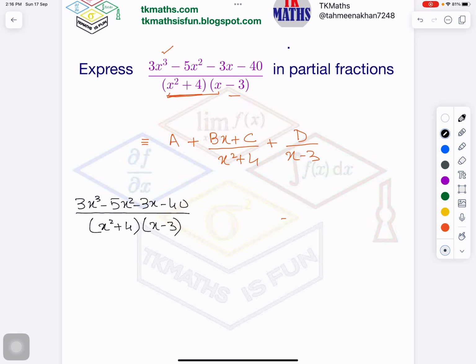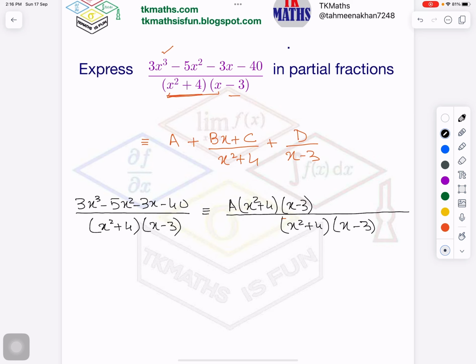This is identical to what I have written on the top here. If I take the LCM of it, it will become x squared plus 4 and x minus 3. So a will be multiplied by x squared plus 4 and x minus 3, and bx plus c will be multiplied by x minus 3.